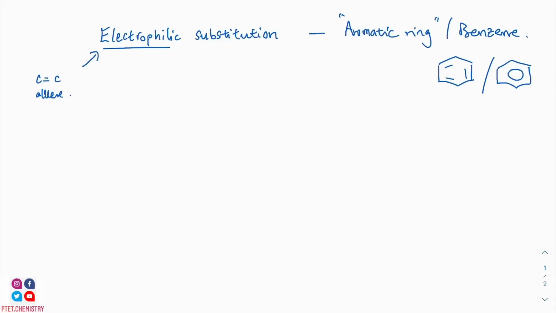However, when I draw my mechanism for electrophilic substitution, I always like to think about it in terms of the Kekulé structure, because it's very easy to detect where the double bond is, just like we would do for an alkene.